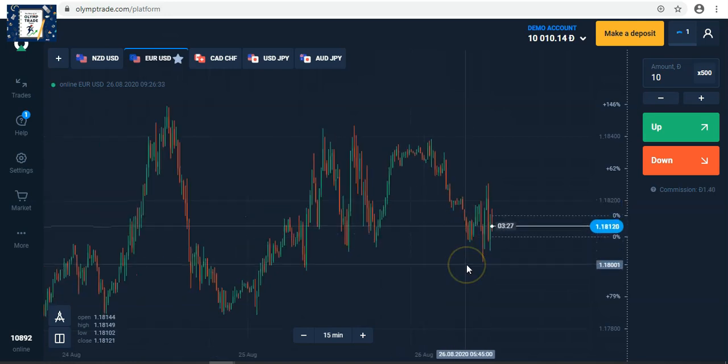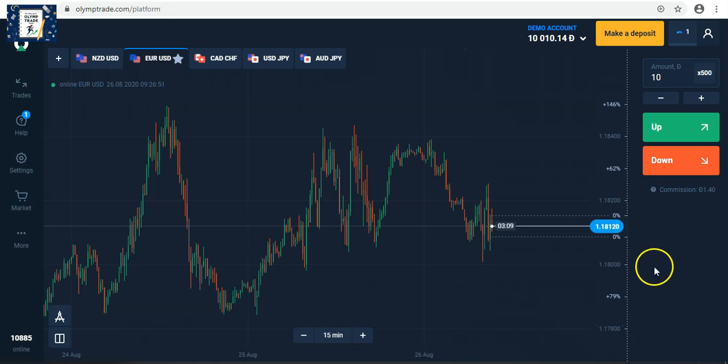So the idea here is to identify either the highs and lows of the day or the turning points for the day or for the session in relationship to the highs and lows of the current day or the current week.